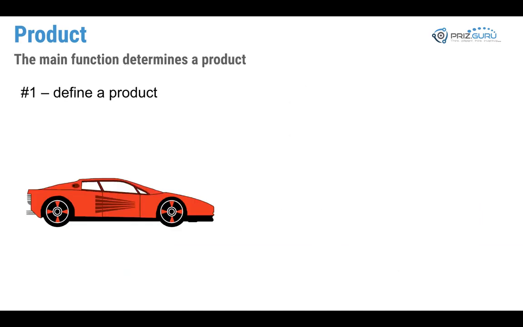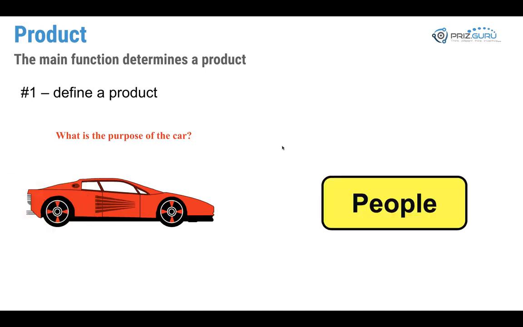So again, that's the example that we just discussed. For the car, what is the purpose of the car? It is to eventually move people, and I should have probably dived into this slide before.